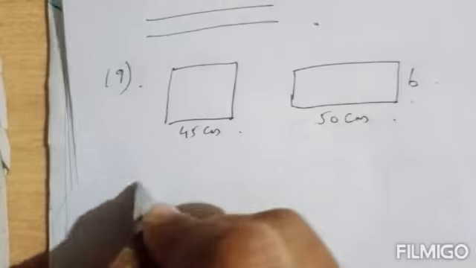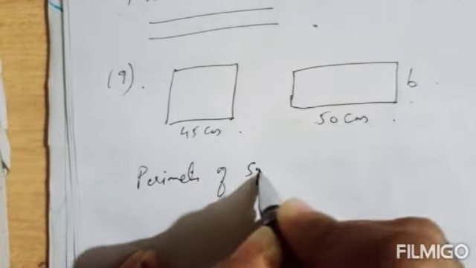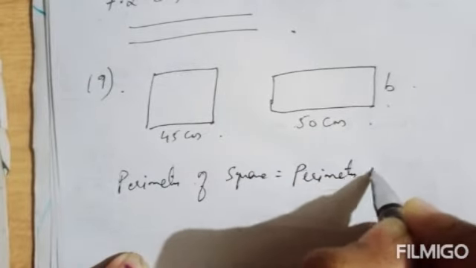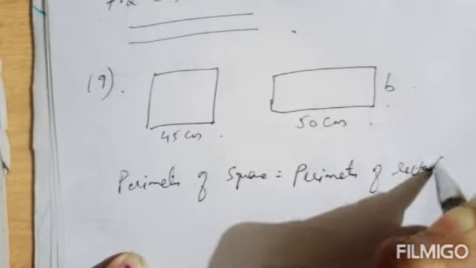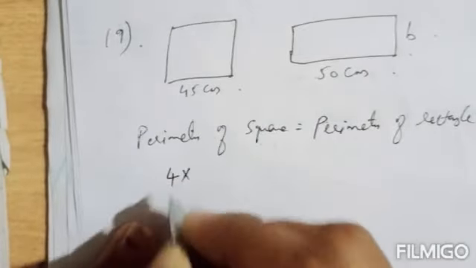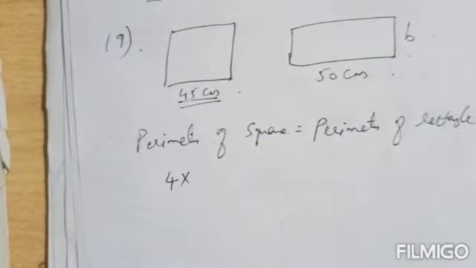Okay, what is given here? They have equal perimeter, that is, perimeter of square equal to perimeter of rectangle. Perimeter of square, what is the formula? It is 4 into side, and this side is given 45 centimeter.